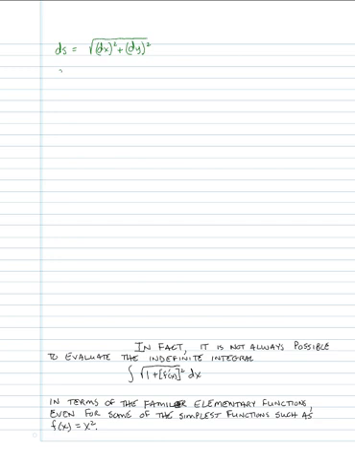What I'd like to do is underneath the radical, factor out a dx squared. As I do, underneath the radical, when I factor a dx squared from the first term, I simply get a 1, don't I?